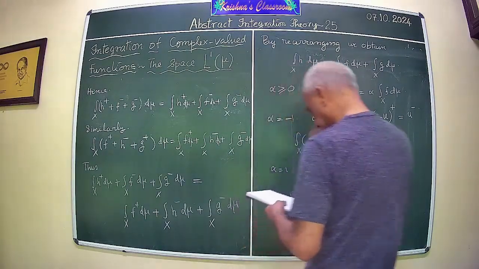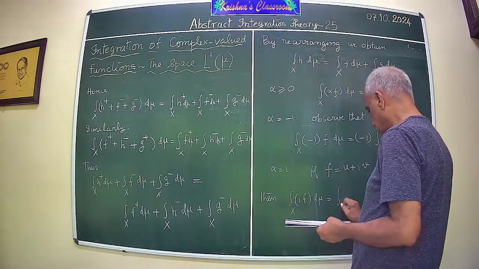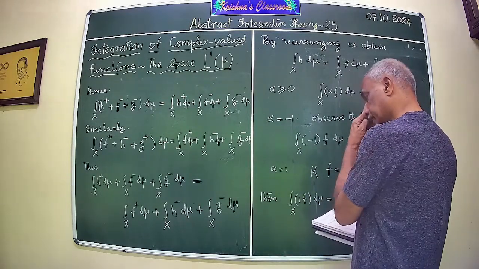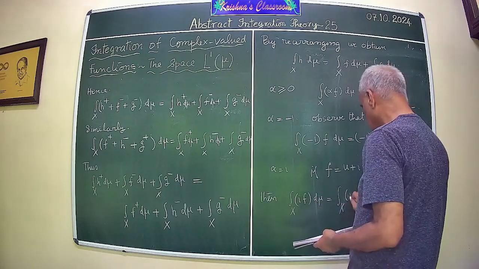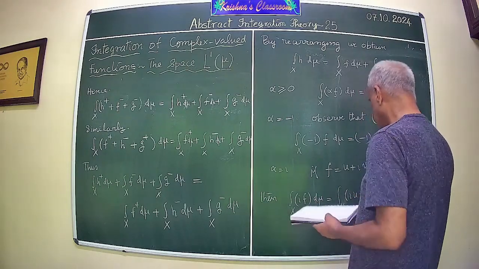This is equal to, what is i f? i f is u plus iv. Therefore, this is equal to minus.